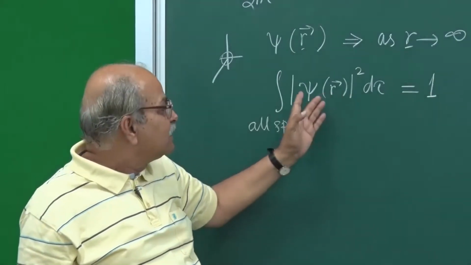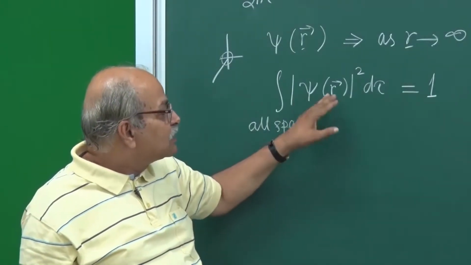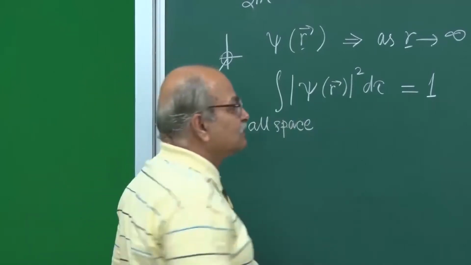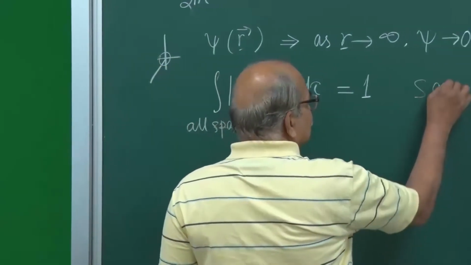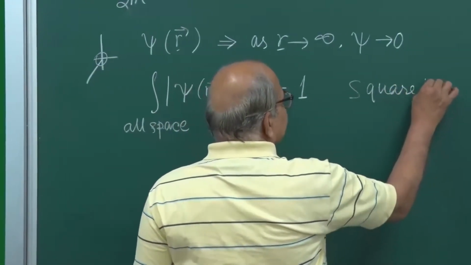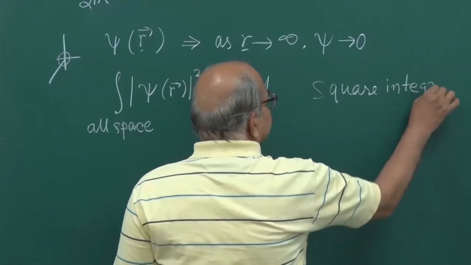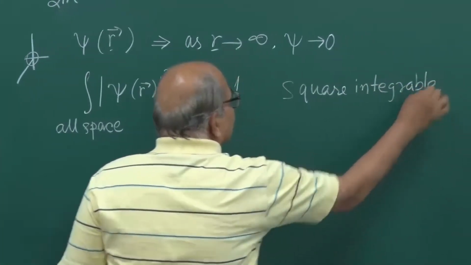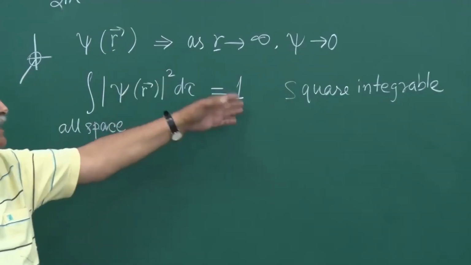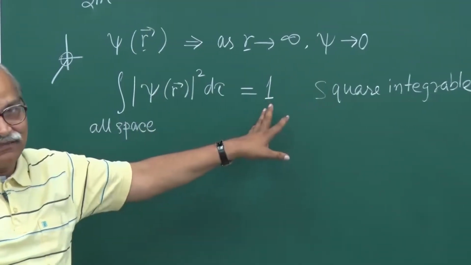So, we say that this wave function should be square integrable. This is known as square integrable. That means if you do mod square and integrate, you get a finite quantity.